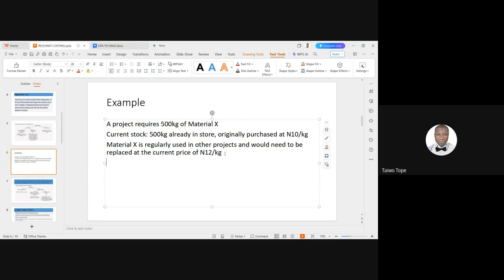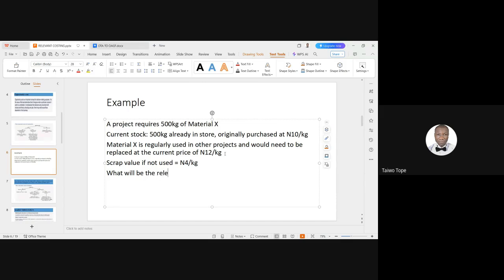The scrap value, if not used, will be 4 naira per kg. What will be the relevant cost?